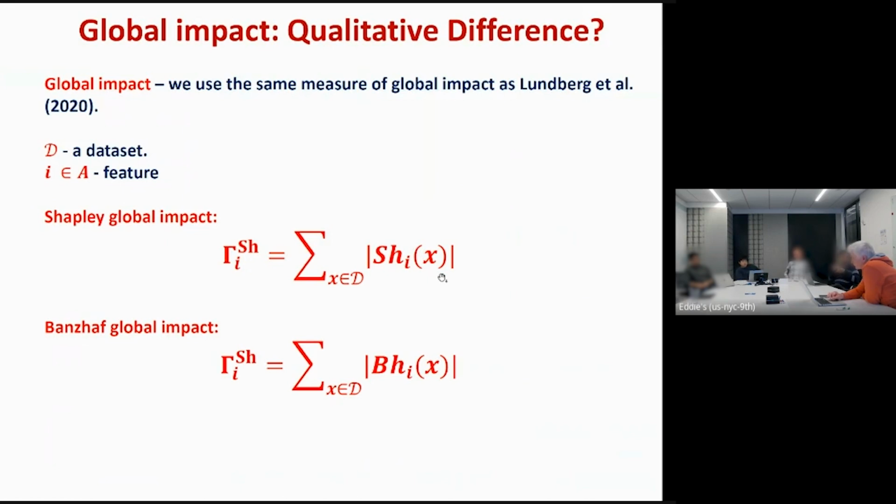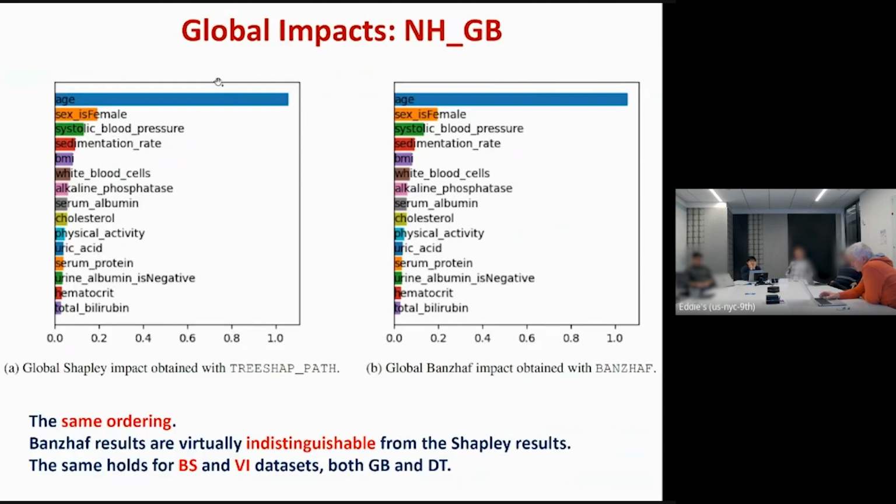You want to consider, over all the decisions the algorithm made, what is the contribution of the feature to each decision. So you take the absolute value of the Shapley value and Banzhaf value, because they could be negative for a given decision, and you sum up the absolute values over all rows in your data set.